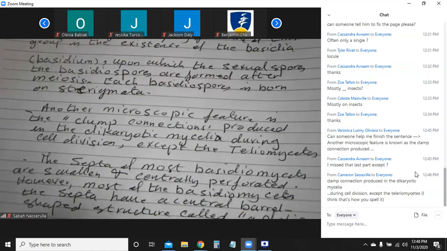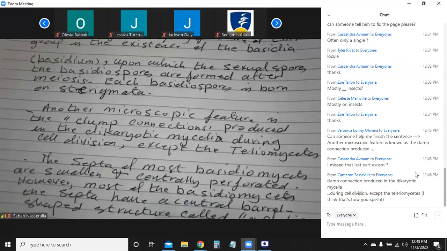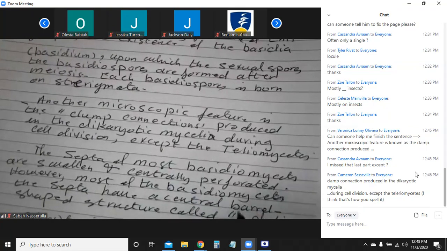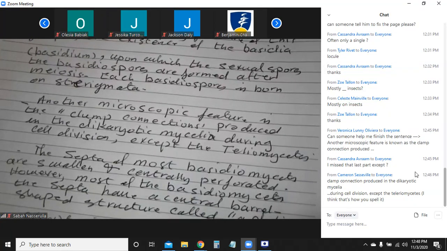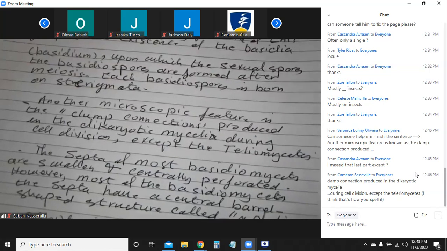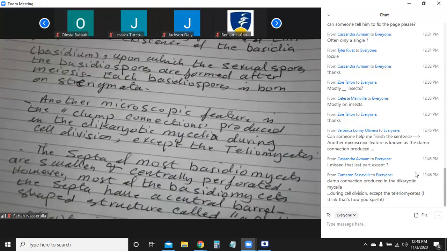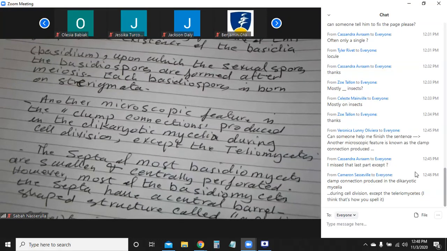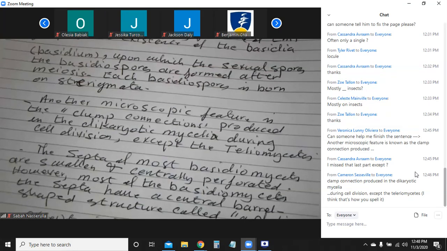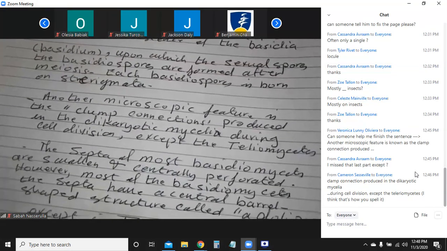However, except in teleomycetes, which is the other group here, the septal pore is blocked by what is known as parenthesome occlusion.